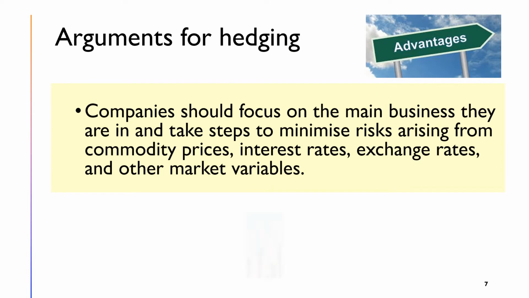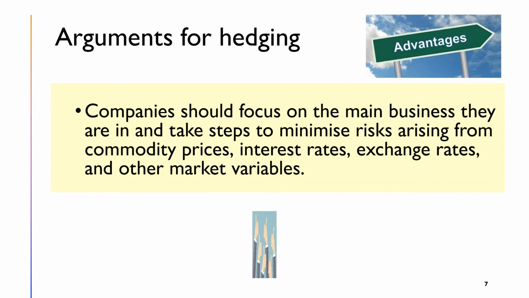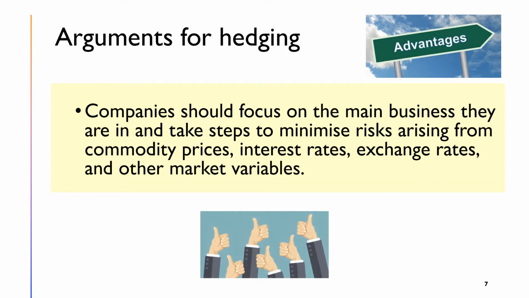Hedging has various advantages. It can minimize risk. Successful hedging gives protection against changes in commodity prices, interest rates, exchange rates, inflation, and other market variables. Hedging is particularly useful for companies that have exposure to certain markets.